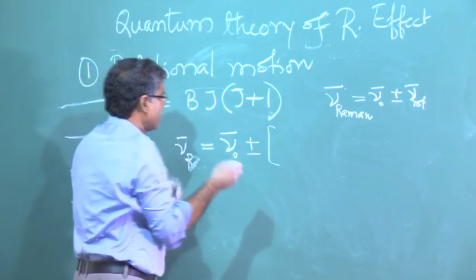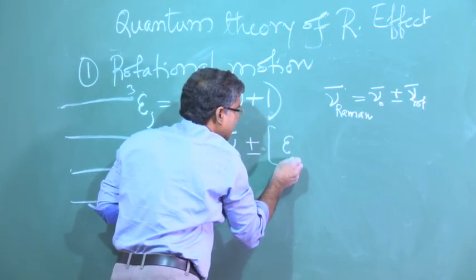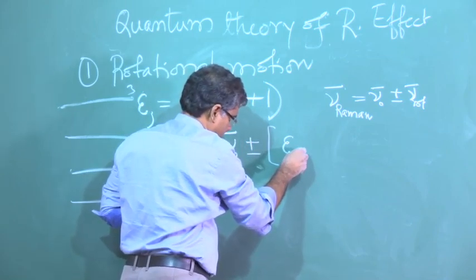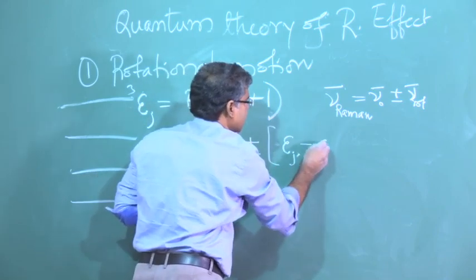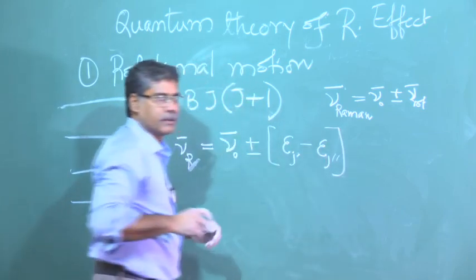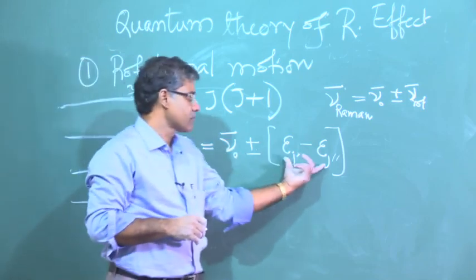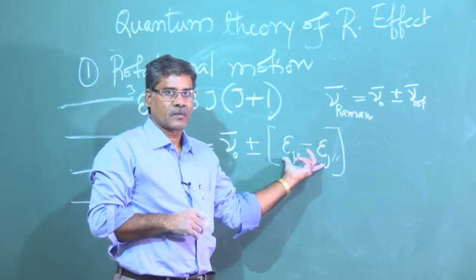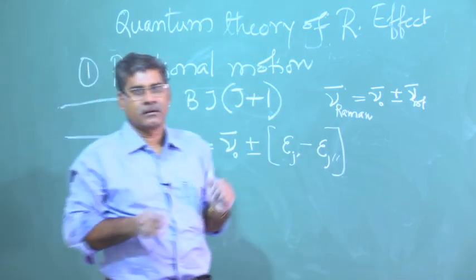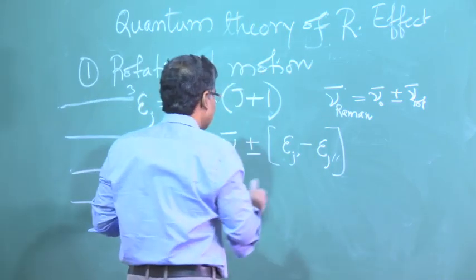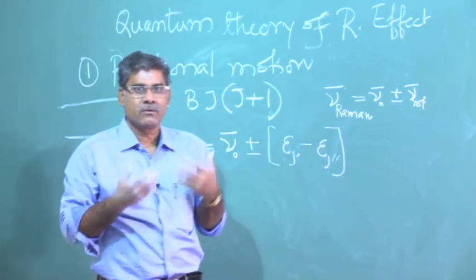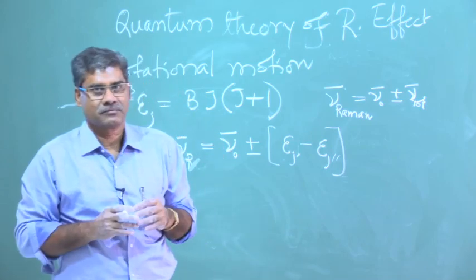So, I can write E J dash minus E J double dash, due to this transition, either going to an excited state or coming from the excited state to a lower energy state. So, to get it, we have to use the selection rule.